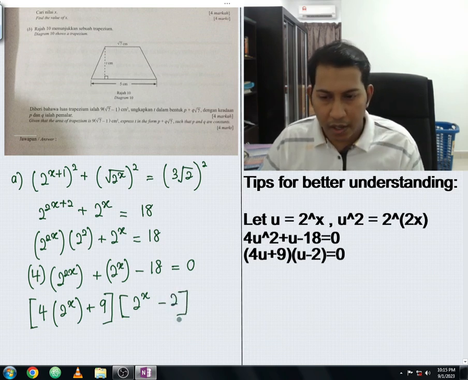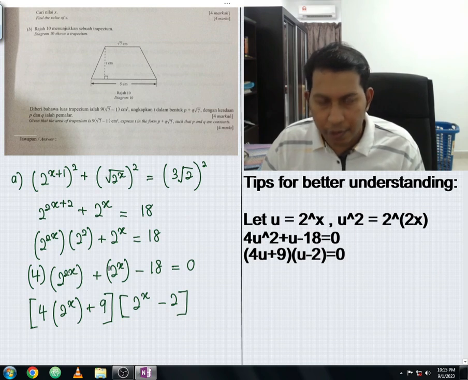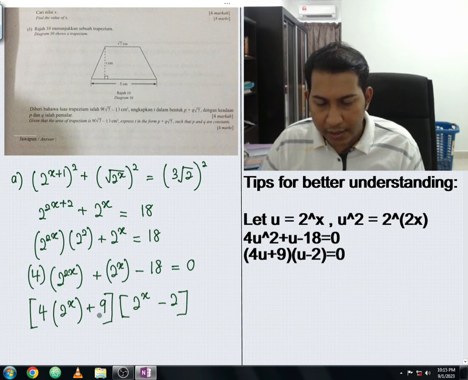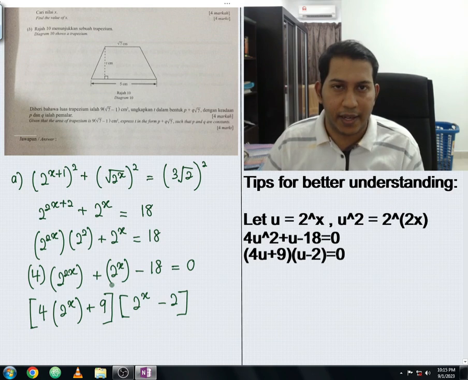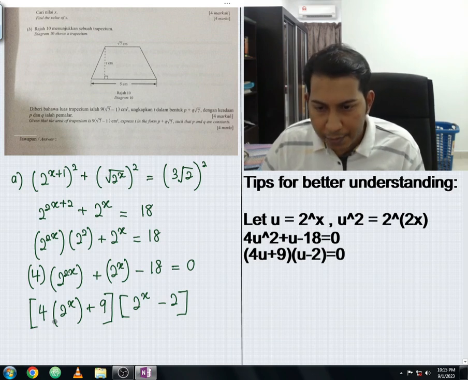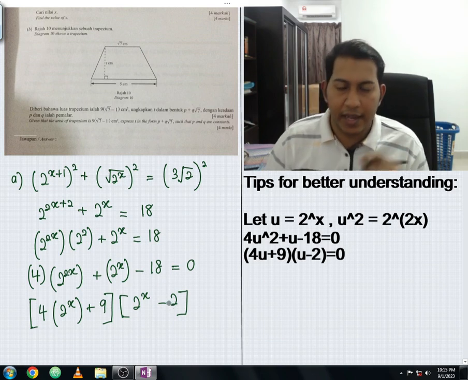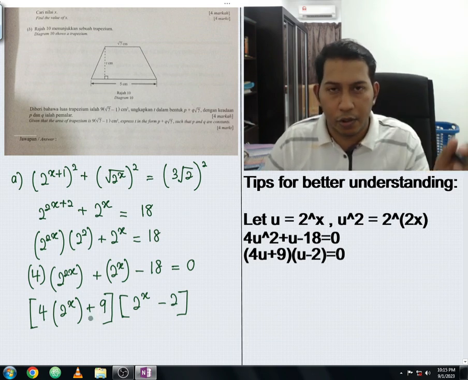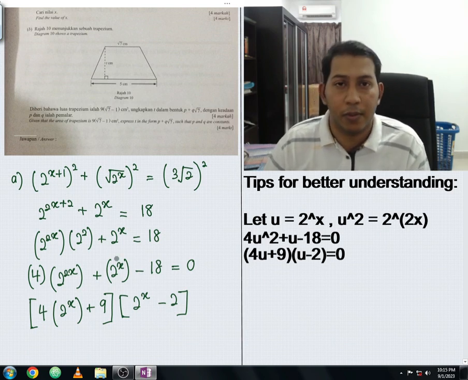Remember guys, try to recall back. When you multiply these two together, you will get back 4 times 2 to the power of 2x. And then when you multiply this and plus the product of this, you will get back 2 to the power of x. 4 times 2 to the power of x times negative 2, you get negative 8 times 2 to the power of x, and then plus 9 times 2 to the power of x, you get positive 2 to the power of x.